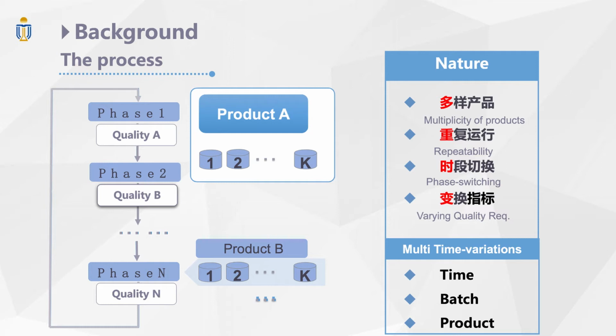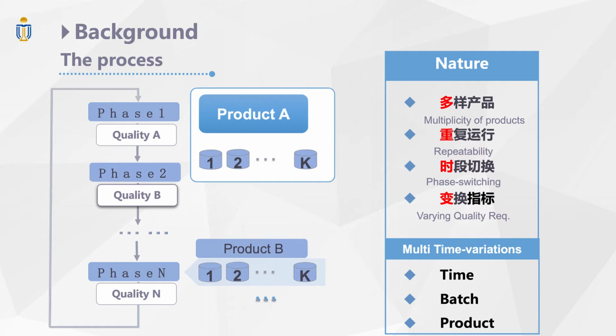I use 16 Chinese characters here to illustrate the batch process characteristics. Basically, one process is used to manufacture different types of products over its lifetime. During the manufacturing of the same product, the process is repeated to form more of the same product.